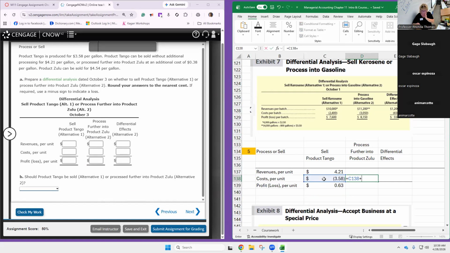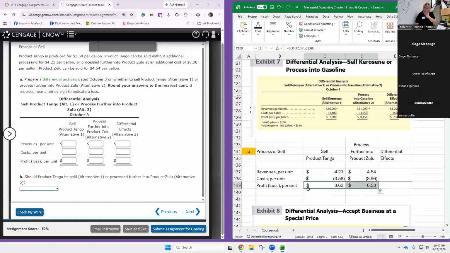So it should be, let me see what I got. Nope, other direction. Sorry. All right, so we're going to subtract. Okay. Yep. So there's the cost with that extra 38 cents in it, but we can sell it for $4.54, right? Okay, so now let's see which one has more of a profit per unit.